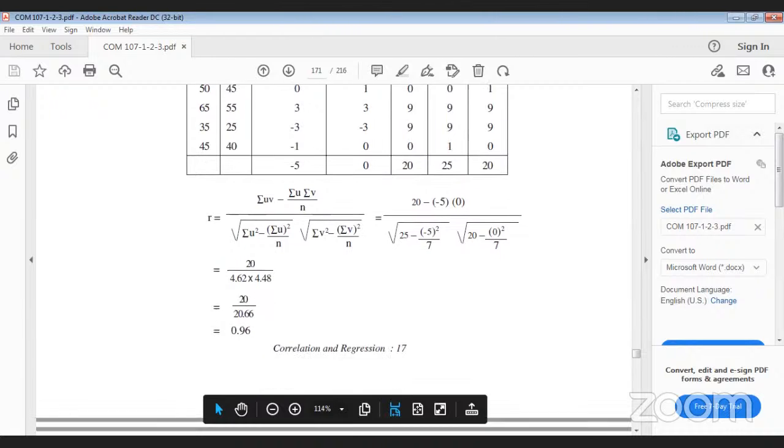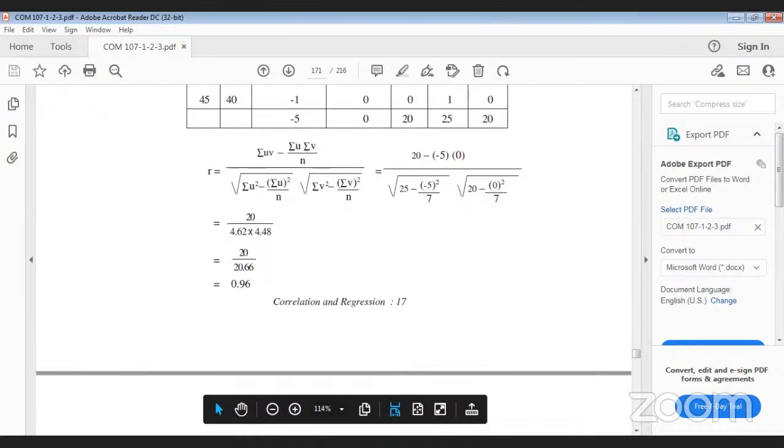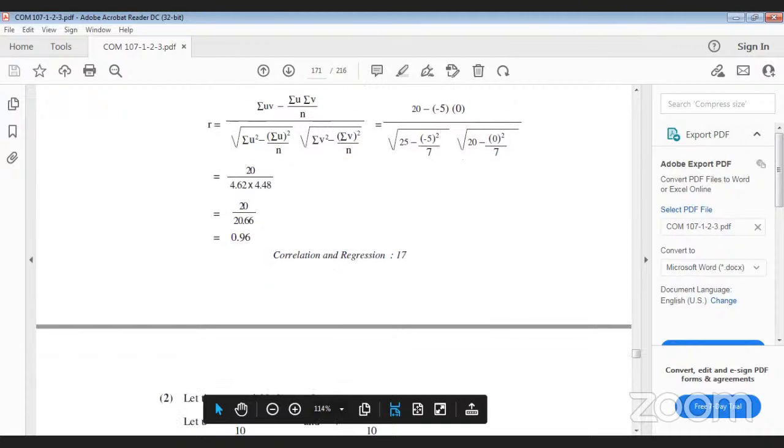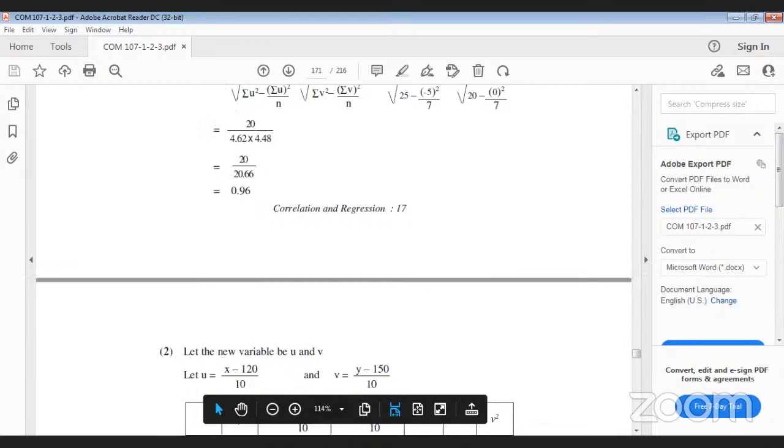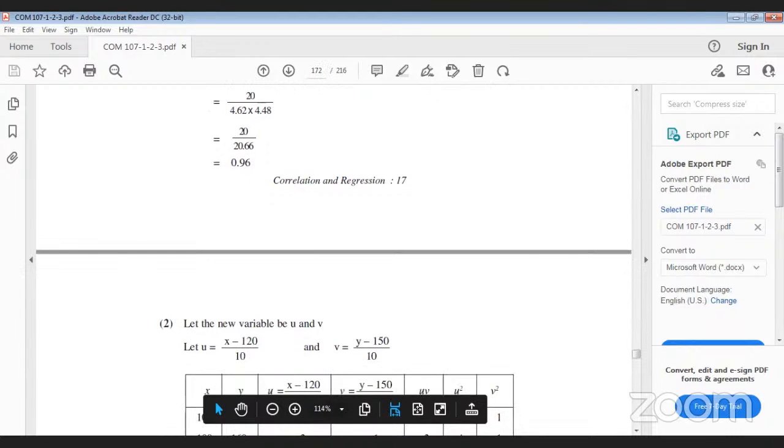And now we can use this formula here. The answer is given as 1 minus 6 summation d square upon n into bracket n square minus 1 bracket complete.